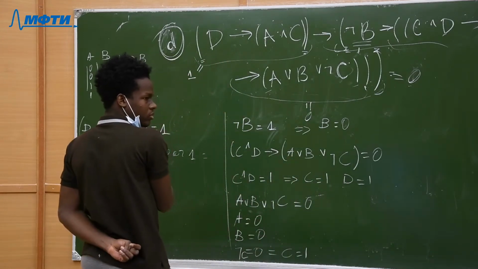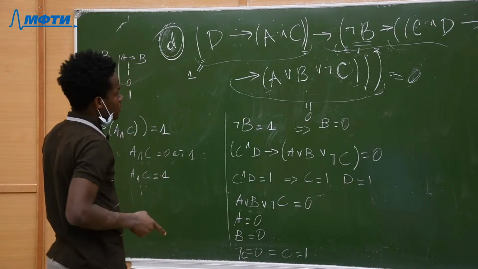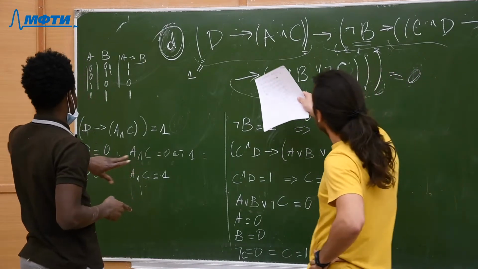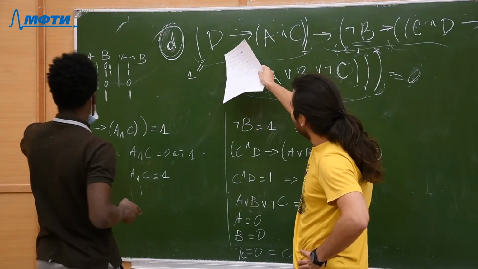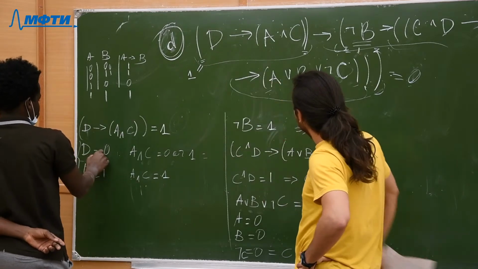So yeah, this should be equal 1, and then D should be equal... This should be equal what?